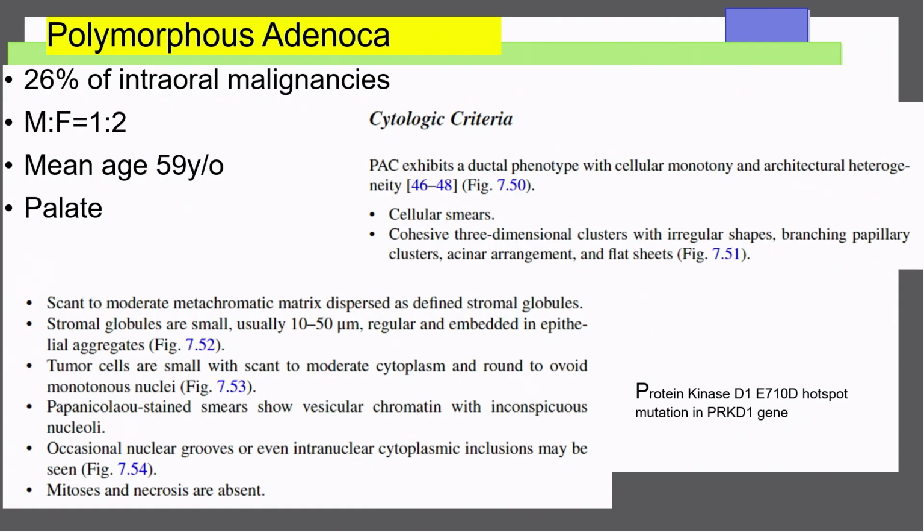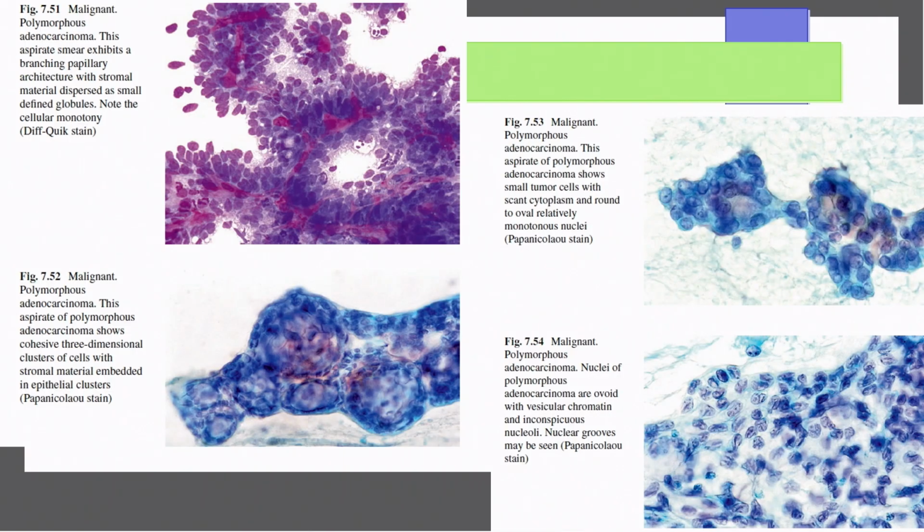We might have these cells with very small basaloid, vesicular chromatin, sometimes nuclear inclusions, and very small metachromatic stromal component. And you can see here the variability of the architectural pattern, including papillary, three-dimensional, follicular, or a diffuse pattern.